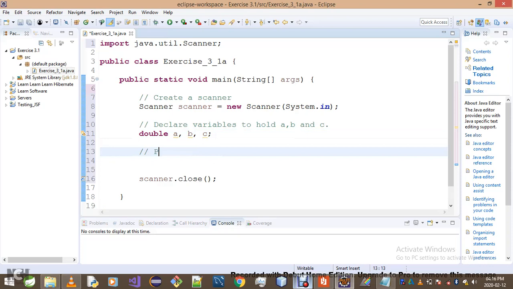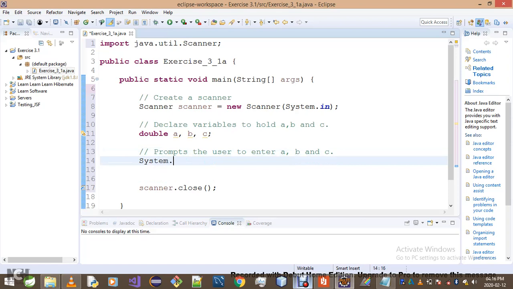What you want to do now is prompt the user to enter A, B, and C. Okay, System.out.print. I'm trying to be as fast as I can now. I've been talking a lot.